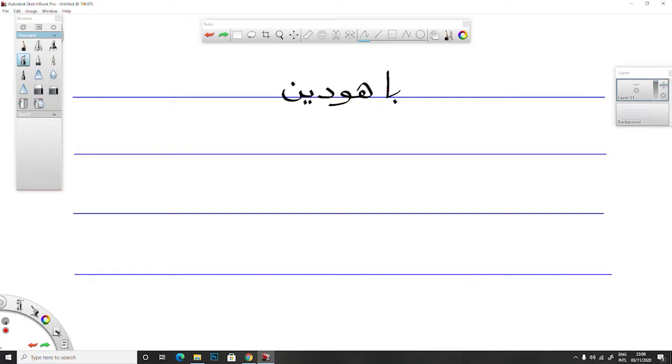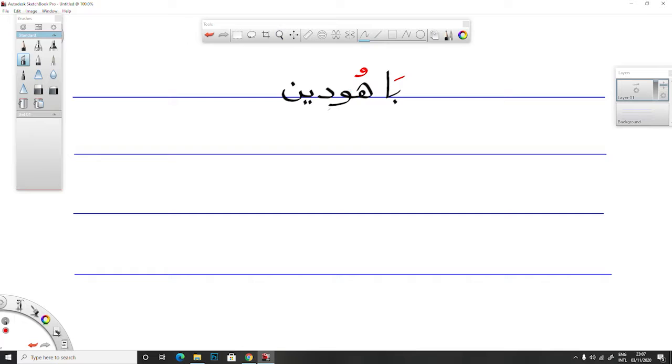The first letter is Ba with Alif, so it's pronounced Ba. So we'll write Fatha on the top of Ba. Ba. Vowels in Arabic do not have tashkil. Bahudin, Hu. So we'll have Dhamma on the top of Ha. Bahu.